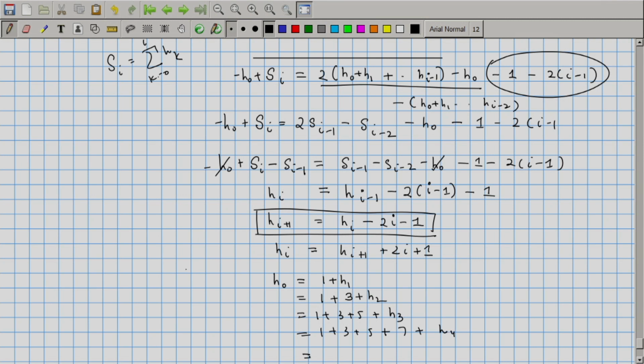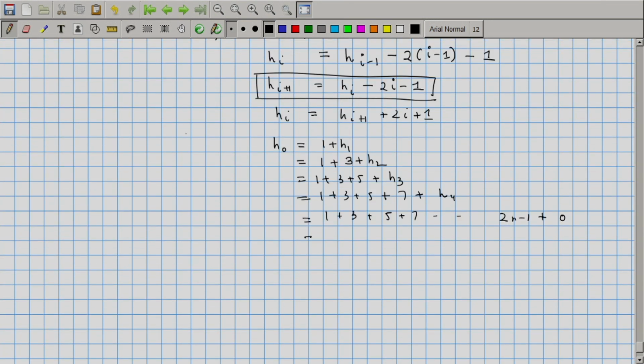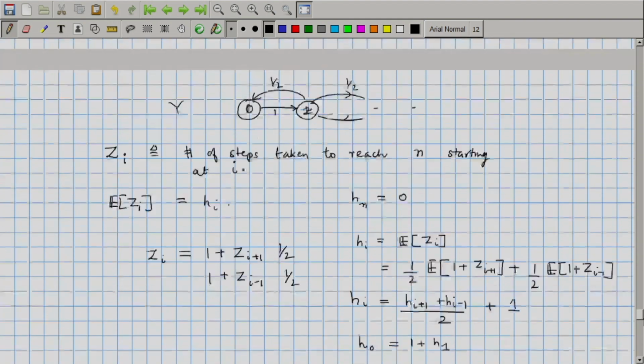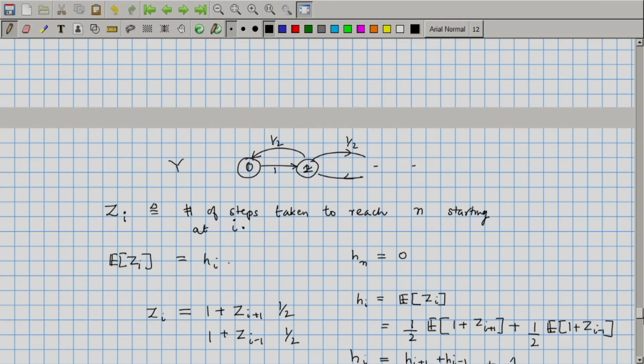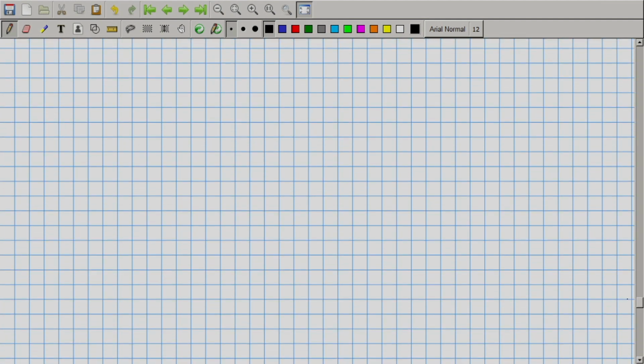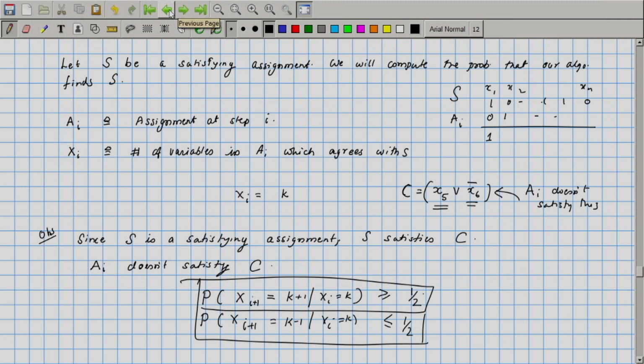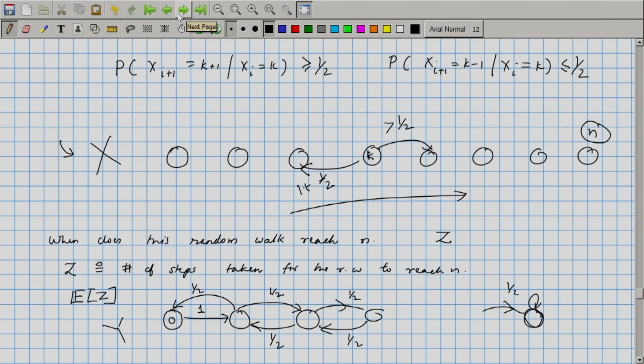So, this will give us 1 plus 3 plus 5 plus 7 plus up to 2 n minus 1 plus h n, and h n is 0, and this is equal to n square. So, we can now conclude that h 0 is equal to n square. Okay. So, what this means is, if we had taken the random walk x, that would be going at a faster rate than y.